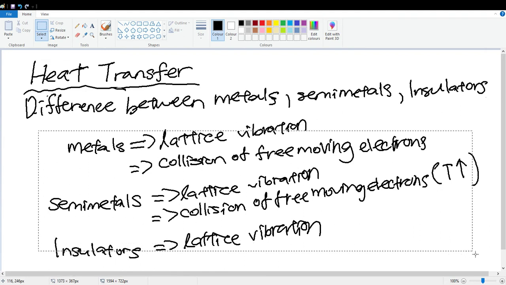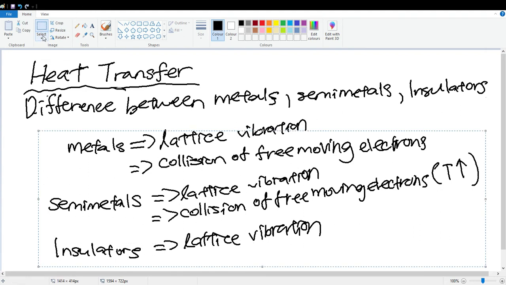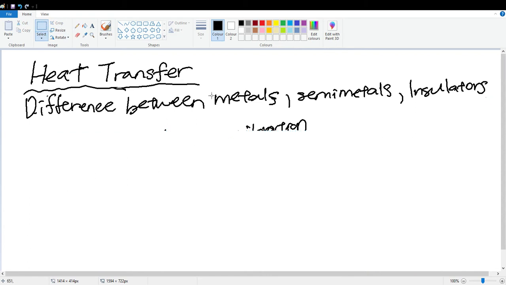Let me erase all this. Alright, let's start with the metals.